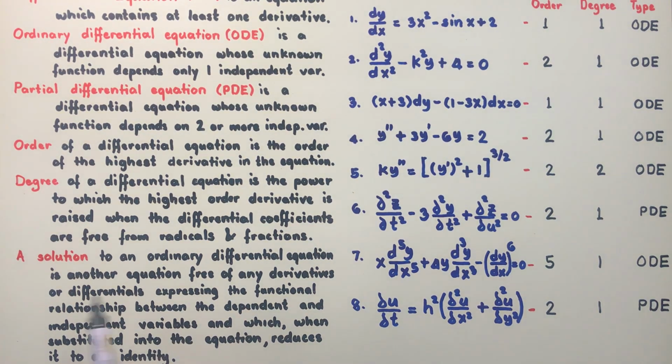And lastly, what is a solution to an ordinary differential equation? A solution to an ordinary differential equation is another equation free of any derivatives or differentials, expressing the functional relationship between the dependent and the independent variables, and which when substituted into the equation reduces the equation to an identity, which means that it satisfies the differential equation given.